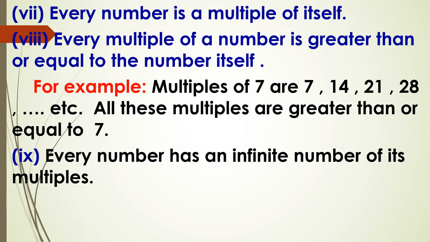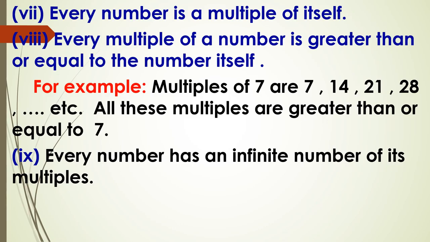Multiples are always infinite in number, which we can't count because tables never end. We know the tables up to 10, but beyond 10 also tables are there. See the example. Multiples of 5 are 5, 10, 15, 20, 25. You can count up to 50. But is the table of 5 up to 50?